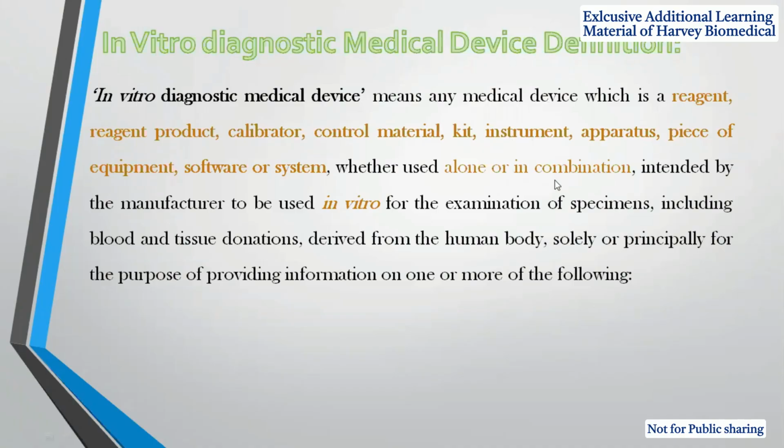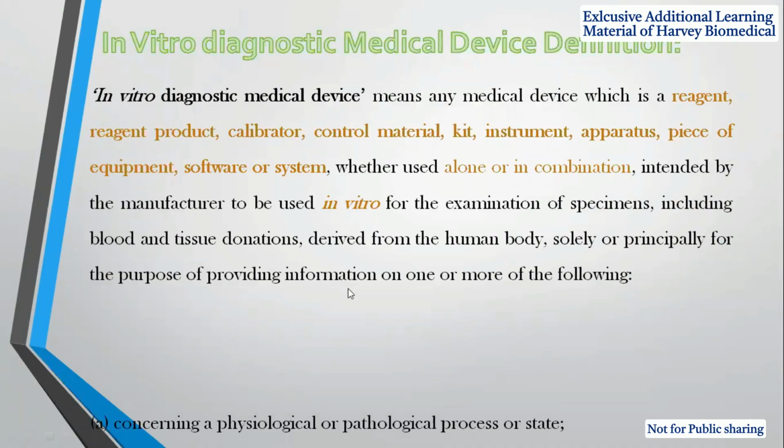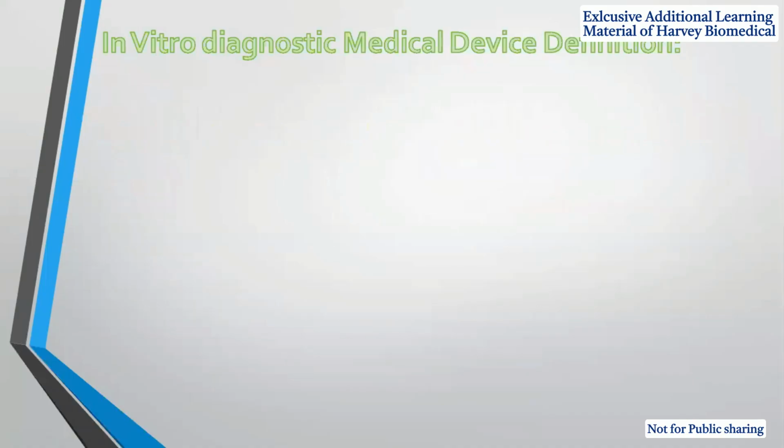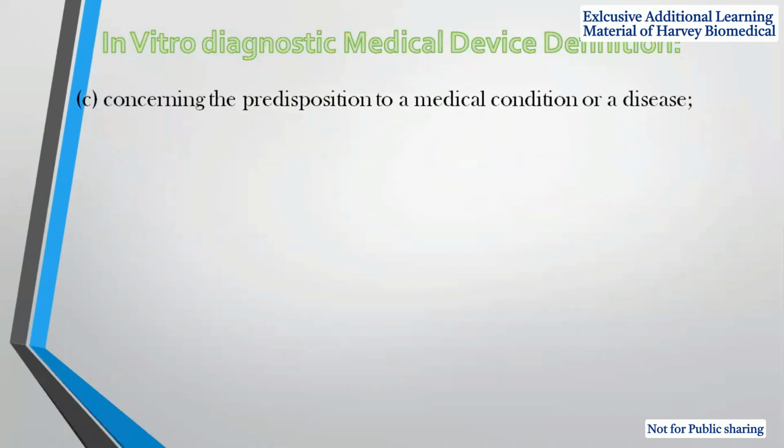Alone or in combination, intended by the manufacturer to be used in vitro for the examination of specimens, including blood or tissue donated from the human body, solely or principally for the purpose of the following conditions. If you see, concerning a physiological or pathological process or state, or concerning congenital physical or mental impairments, and concerning the predisposition to a medical condition or disease.